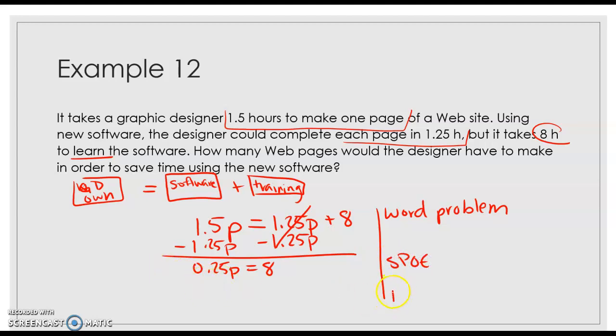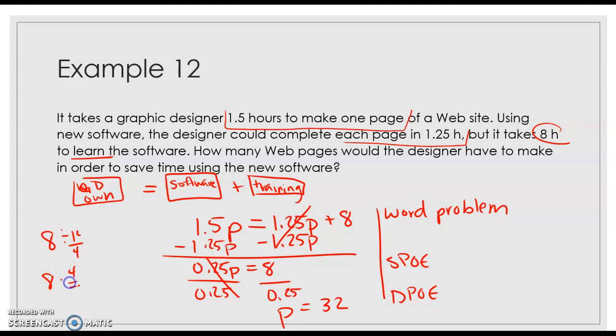Now, using the division property of equality, I'm going to divide both sides by 0.25, and then I get that P equals 32. And if that seems weird to you, just keep in mind 0.25 is 1/4. So if I were to take 8 and divide by 1/4, then I would do 8 times 4 over 1.